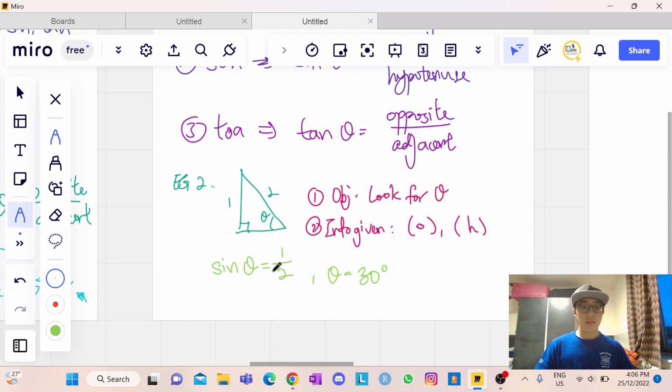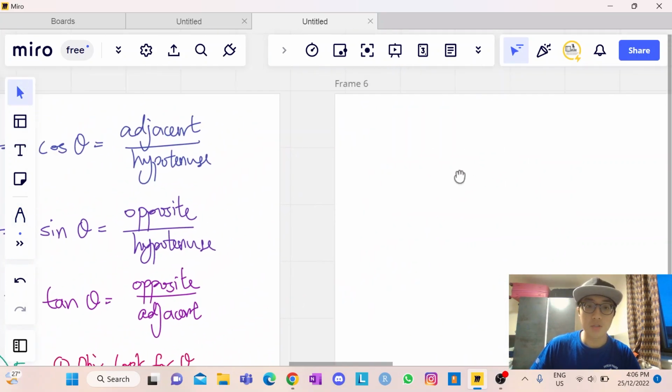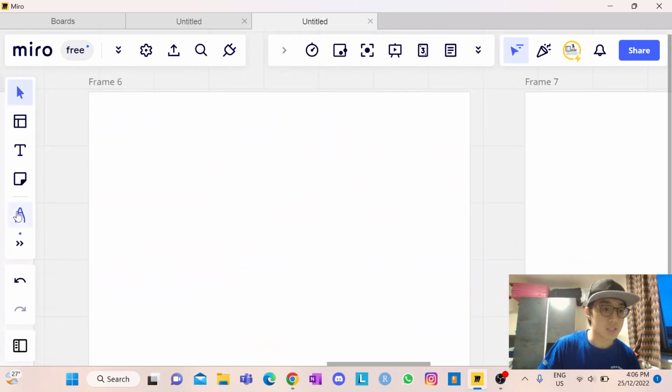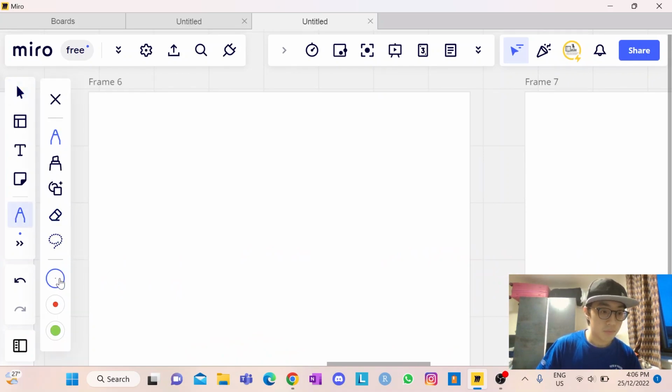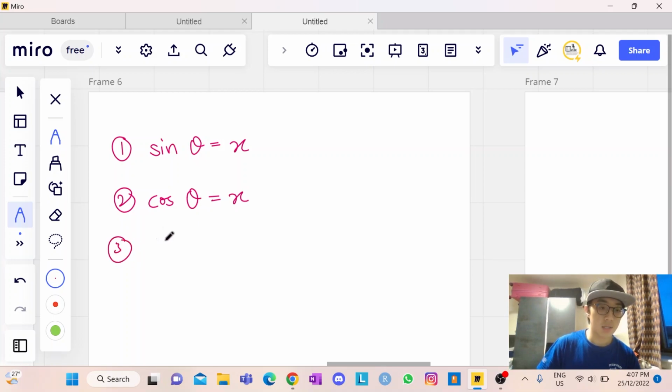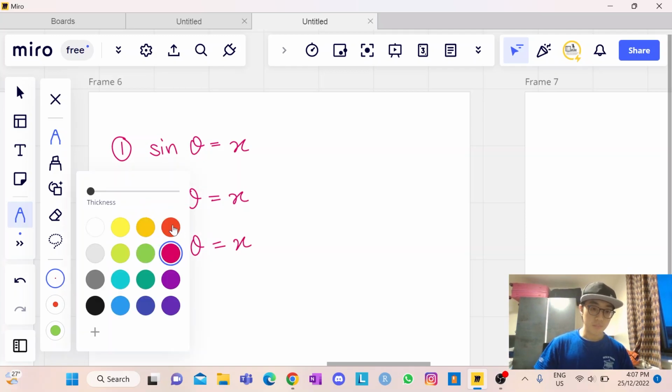You might ask, how do I press the calculator for this kind of situation? I'm going to introduce you to something called the inverse trigo. Number one, sine theta equals x. Number two, cos theta equals x, and number three, tangent theta equals x.